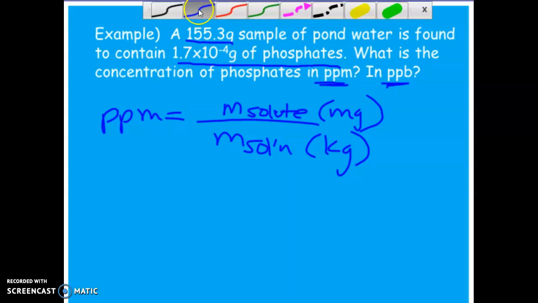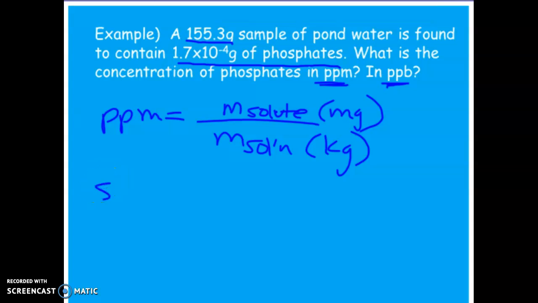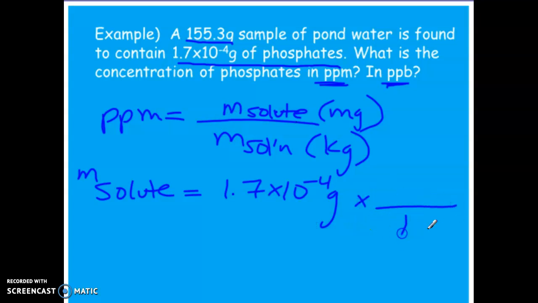Okay, so the mass of our solute is 1.7 times 10 to the negative 4 grams, but we need this in milligrams. So for every 1 gram, there are 1,000 milligrams. So go back to your unit conversion if you don't recall that. So we have 1.7 times 10 to the negative 4 times 1,000. So we get here 0.17 milligrams.